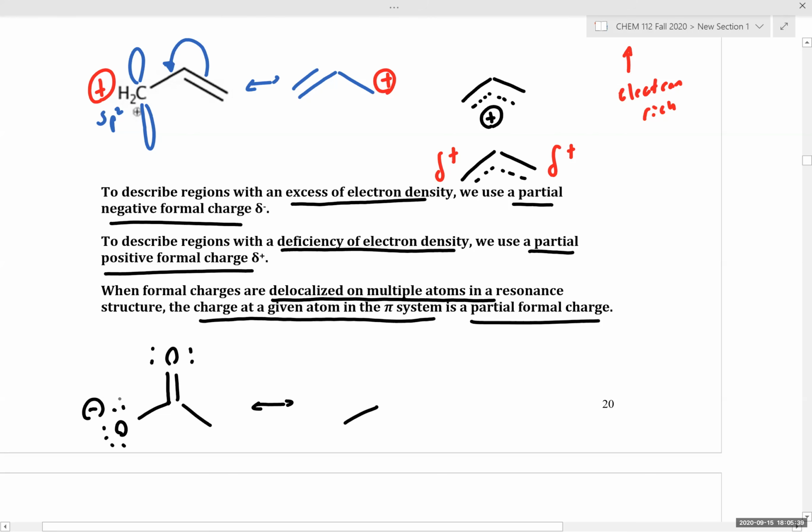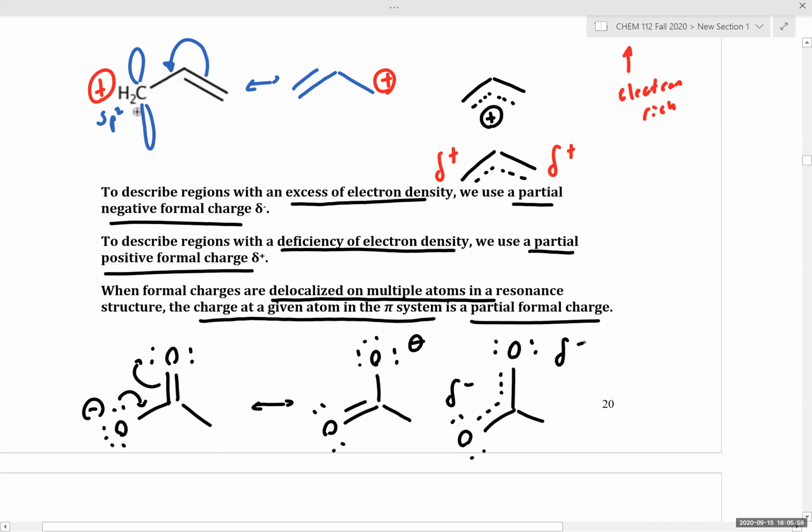We can draw a series of resonance structures for acetate. And in turn, our hybrid would look something like this, where we have our partial negative charge on both of our oxygens.